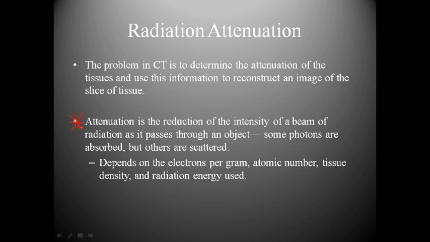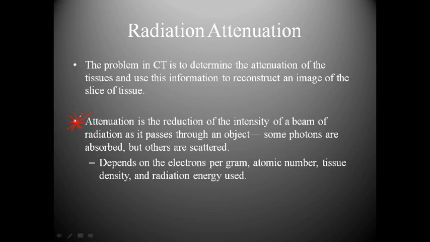So to start, attenuation is the reduction of the intensity of a beam of radiation as it passes through an object. Some photons are absorbed, but others are scattered. And so that's important to keep in mind, that you're going to lose photons. Some photons are going to be absorbed by the patient, others are going to be scattered.